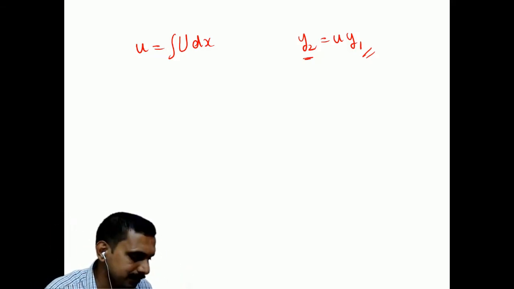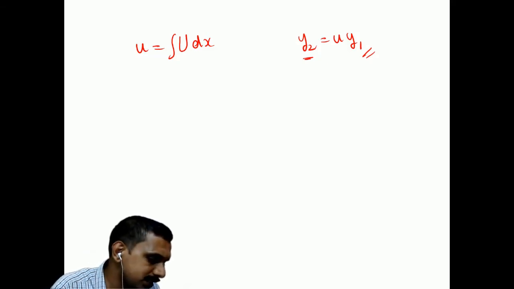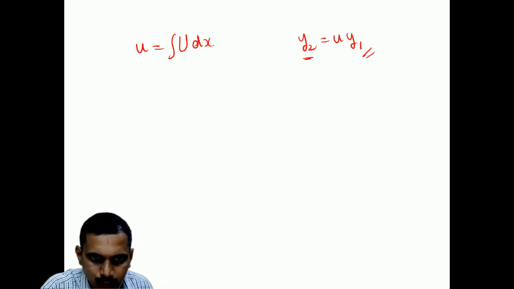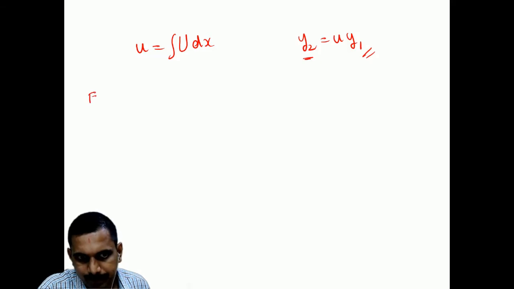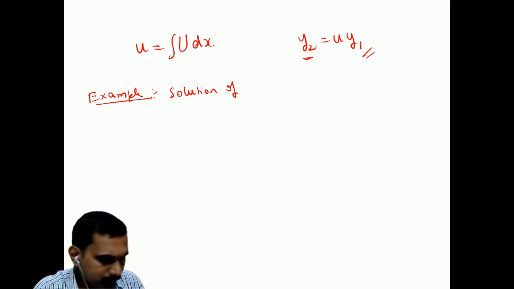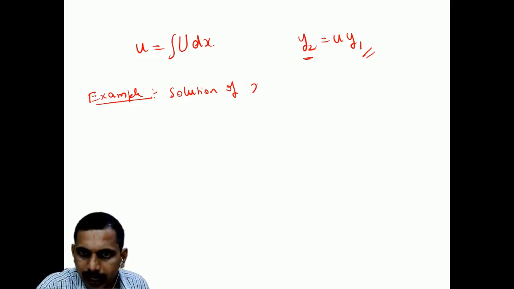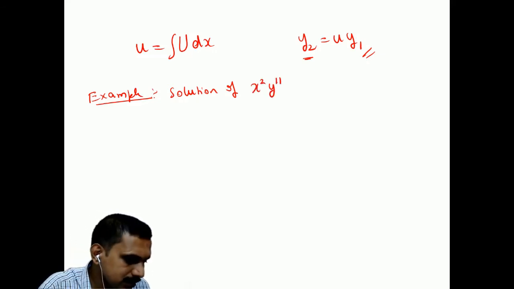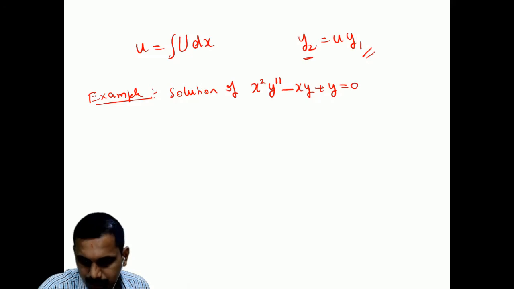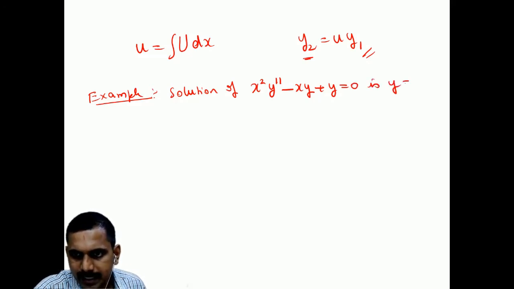Now let us take an example. The example is: a solution of x square y double dash minus xy dash plus y is equal to 0 is y is equal to x.